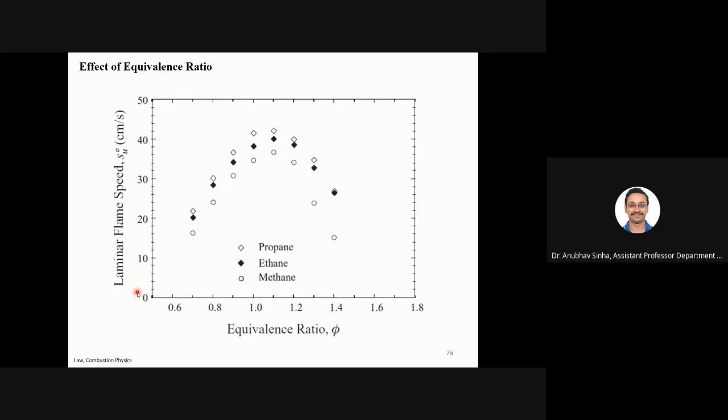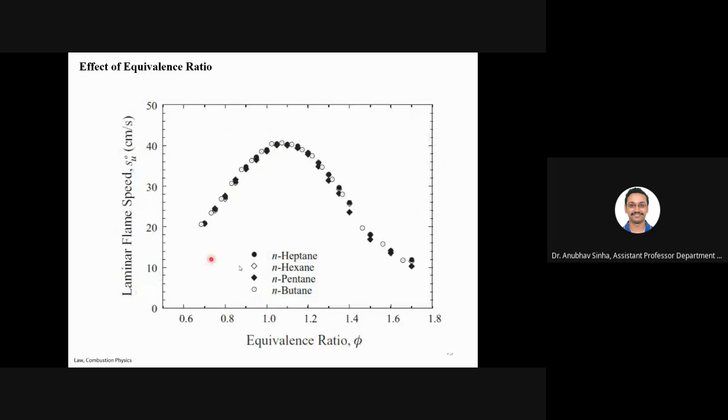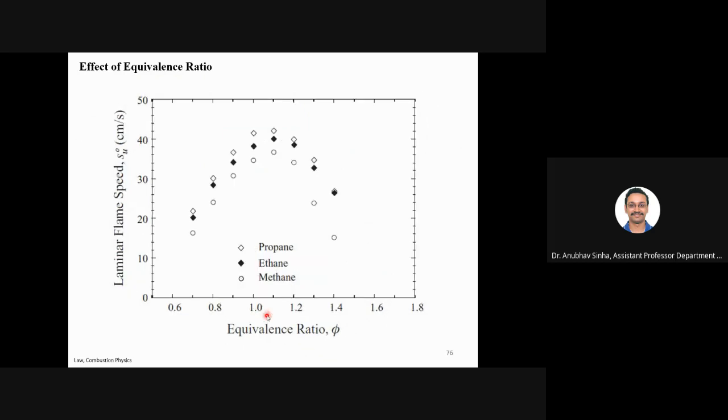Okay, so this was for some alkanes. Similarly, for smaller chain hydrocarbons, we get the same trend, but there is some difference between their flame speeds. That's all. The same trend will be shown by different fuels.